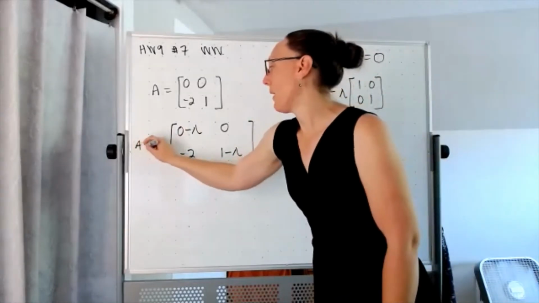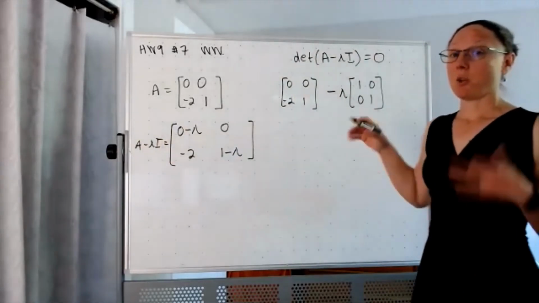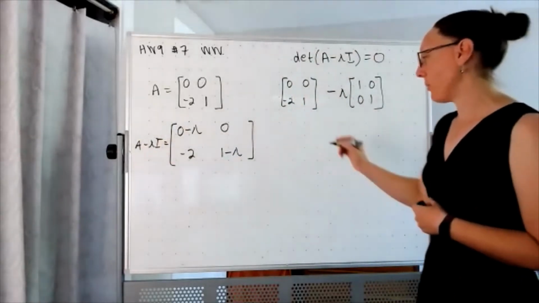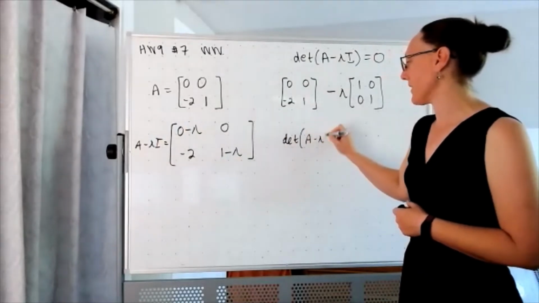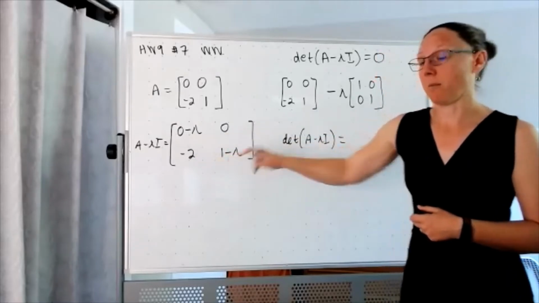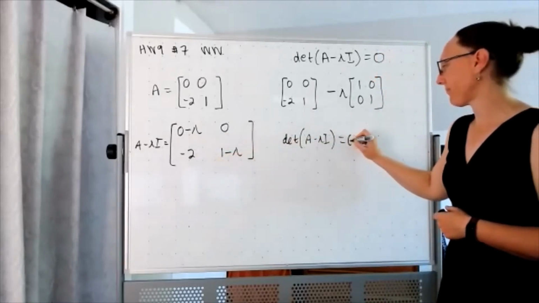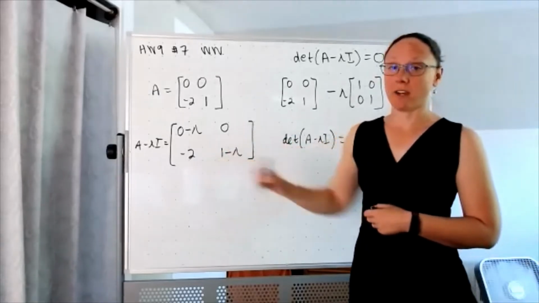So that's my A minus lambda I matrix. So my first step, we're going to take the determinant of that. And that determinant of A minus lambda I looks like negative lambda times 1 minus lambda minus 0 times -2.